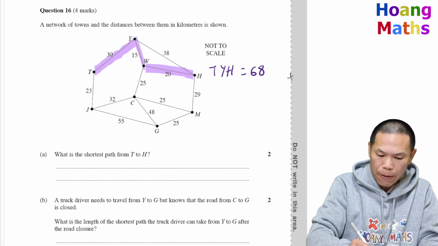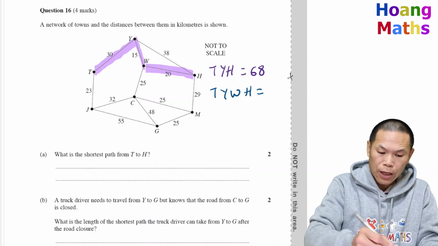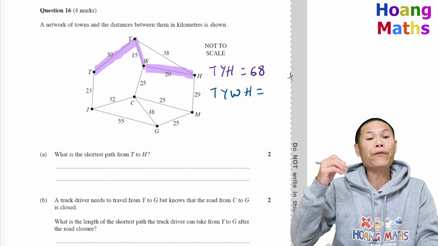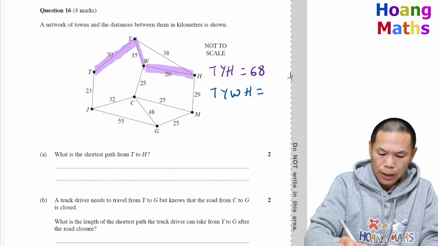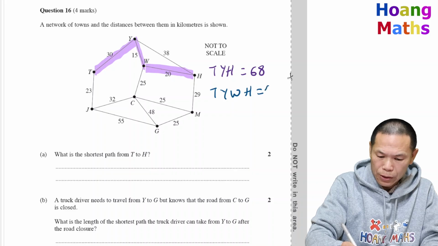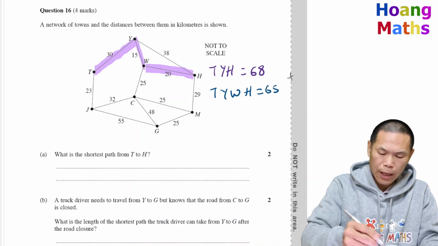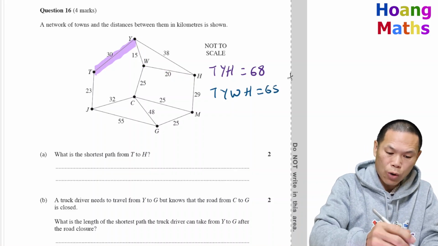And then if we go from T to Y and then to W to H, let me just write this down. So TYWH, that will give us 30 plus 20 is 50, plus 15 is 65. And then we can go this way as well.